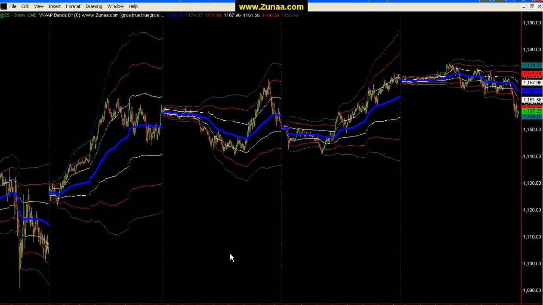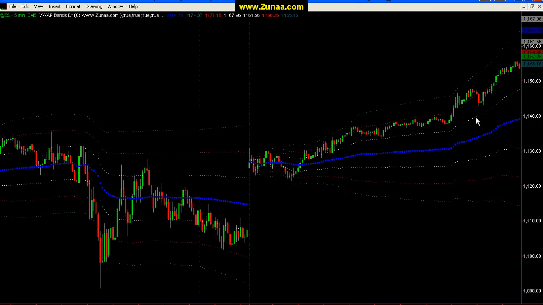Let me also show you what it would look like with the 6 bands that you could plot, 3 below and 3 above the standard deviation. Now you can choose to only have the first and the second bands plotted below and above, or you can have all three, or you could just have the first, and this is pretty much what it would look like.